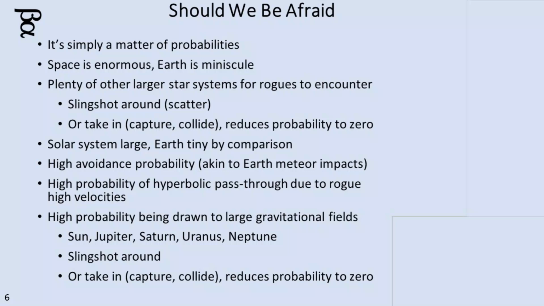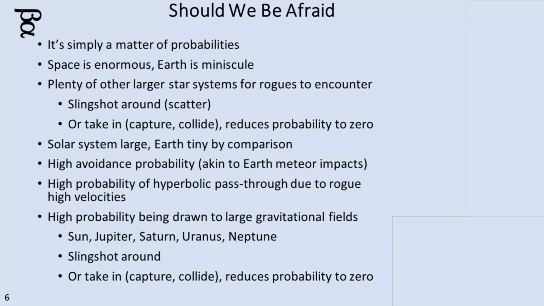The one that wiped out the dinosaurs, we don't have precise information as to where it came from. The current prediction is it came from our solar system's Oort cloud a long time ago during the early stages of the solar system. That's the kind of thing that can give you a bad day, can be an extinction level event. But most of these things that are rogues, they're just going to slingshot.